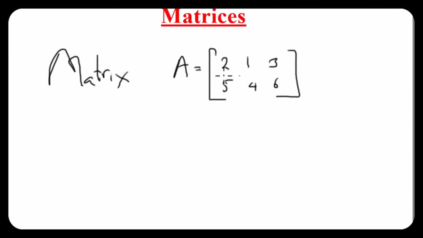The horizontal arrangement, we can call it the row arrangement or the row picture. So this is a row arrangement. You can see that in this matrix, 2, 1, 3 constitutes the first row, 5, 4, 6 constitutes the second row.